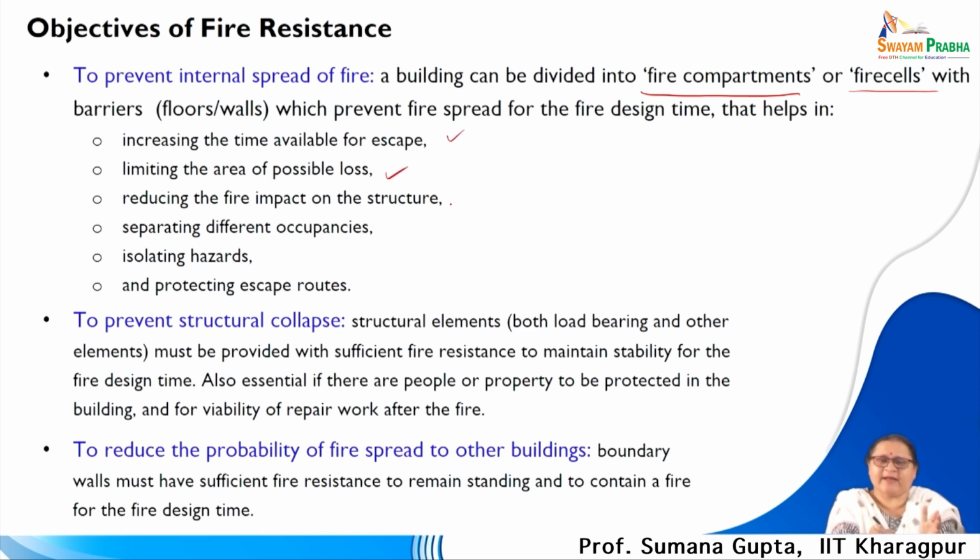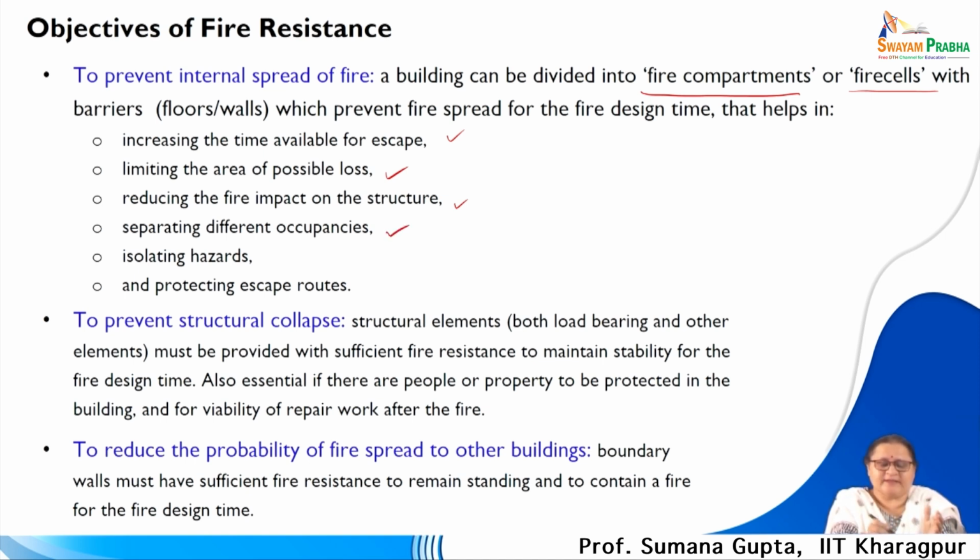Reducing the fire impact on the structure: we are not entering into structural fire, but steel and concrete are over time susceptible to fire. Concrete has a much higher retaining rate, a higher time of sustaining fire. However, the overall structural system should not get damaged because of a fire outbreak.